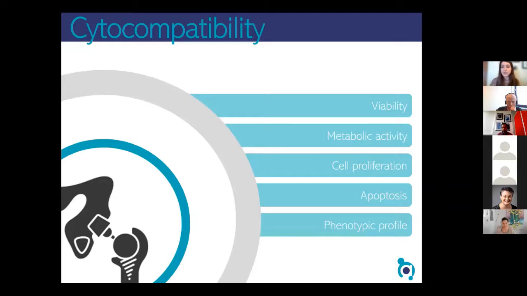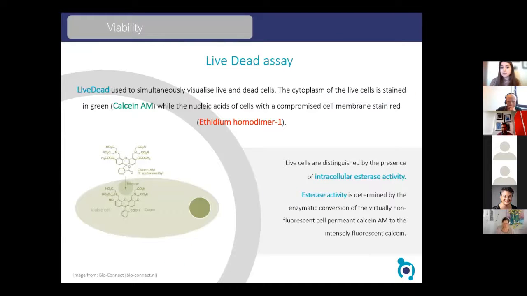So now I would like to go through the different main aspects that we will go for when we're testing cytocompatibility. So the first one would be viability. So viability is mainly saying, okay, are the cells dead or are they alive? The gold standard assay, or the main assay that we work with in our lab, would be the live/dead assay. It's very simple, basically just staining the cells with two dyes, one staining for live, another one staining for dead.